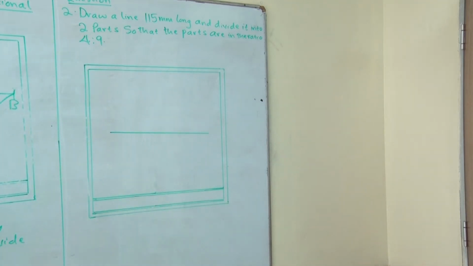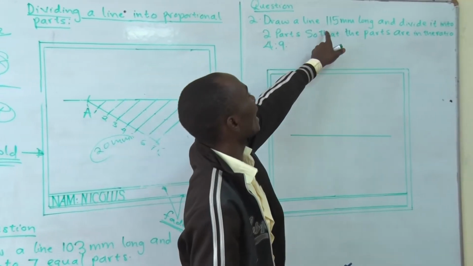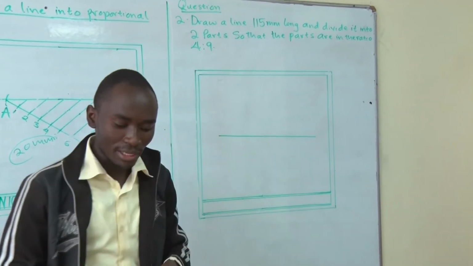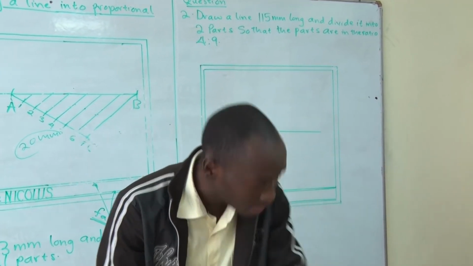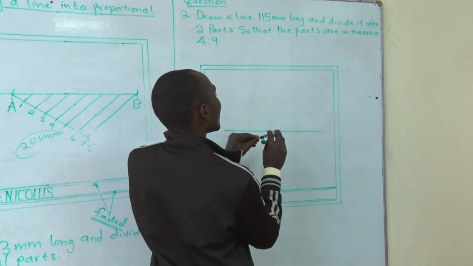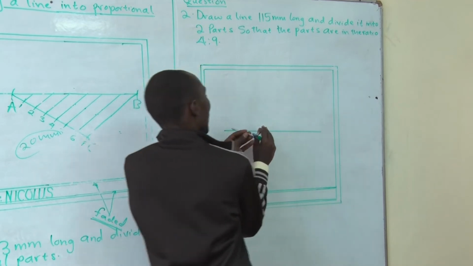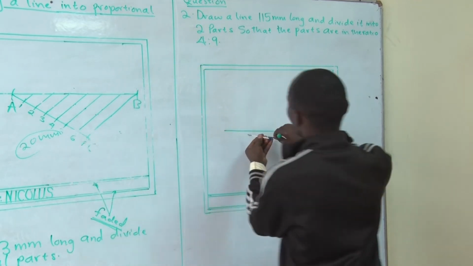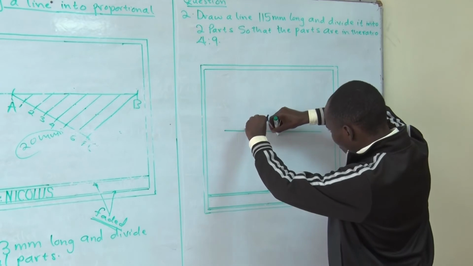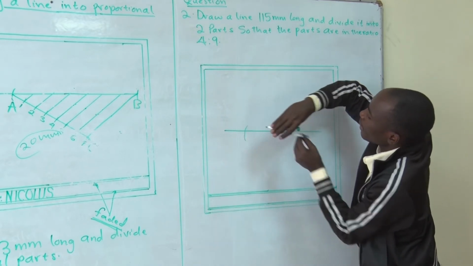Now you take your pair of compasses like this and measure the distance that you've been given, 115 millimeters, assuming this is my 115. What I need to do is to just transfer that measurement using compasses. So I will stand at this point, make an arc, stand on this other point, make an arc.